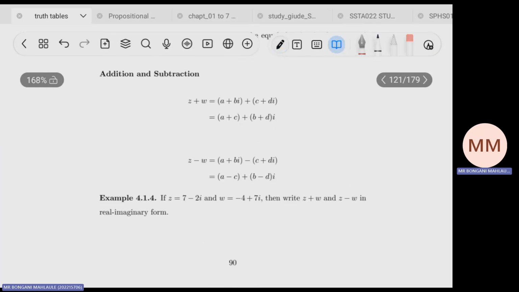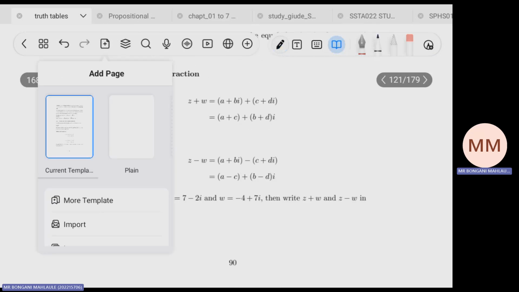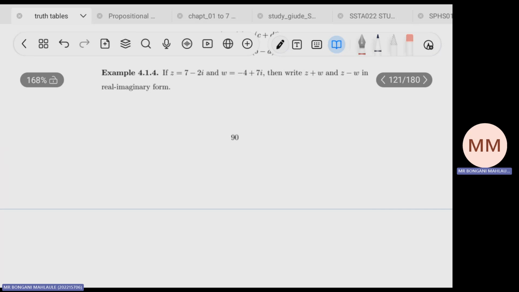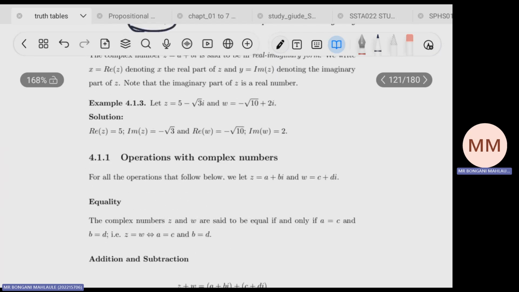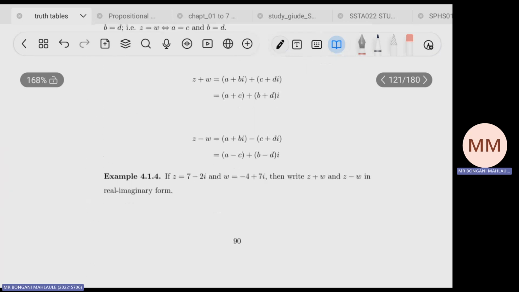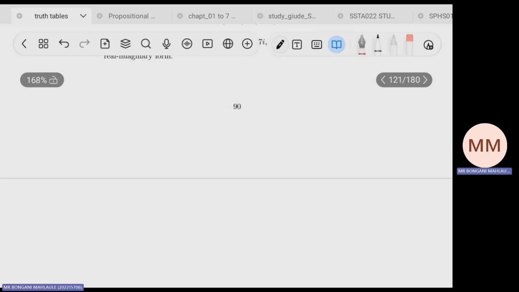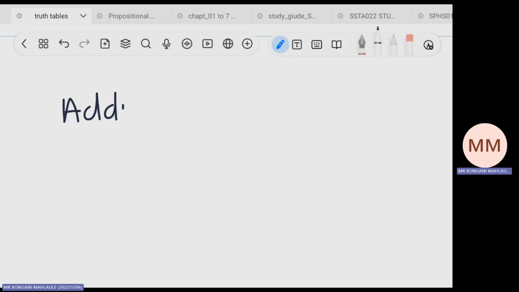So we've got the addition and also the subtraction of complex numbers. So I'm going to write the examples under this. We have the addition and subtraction.